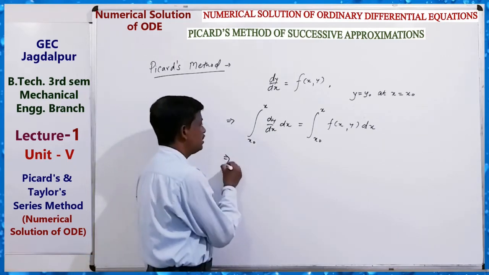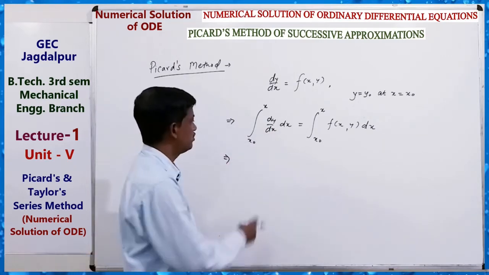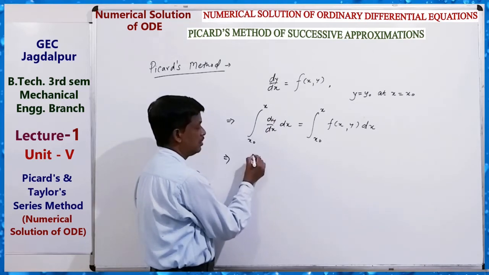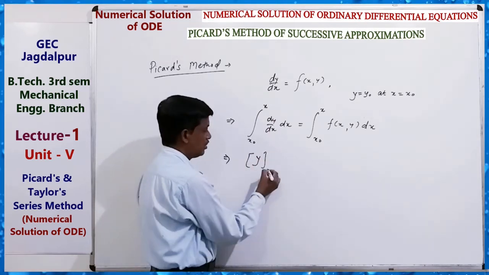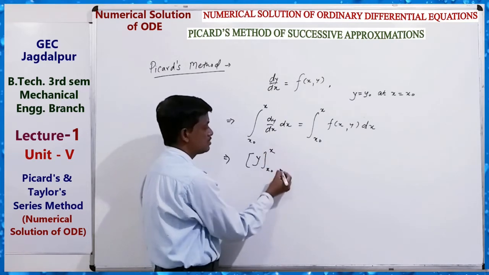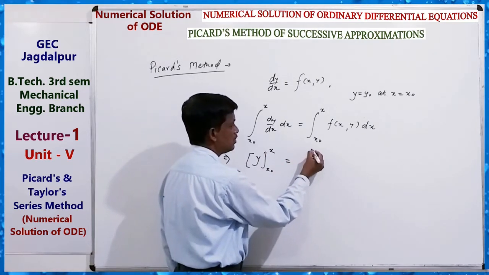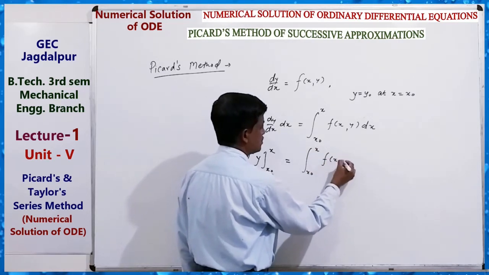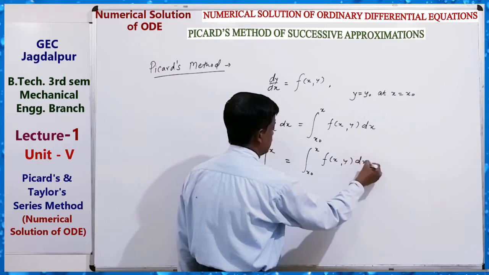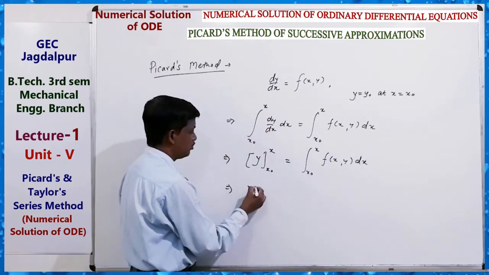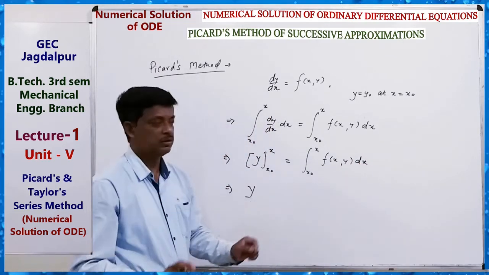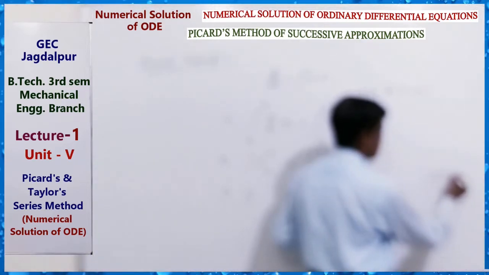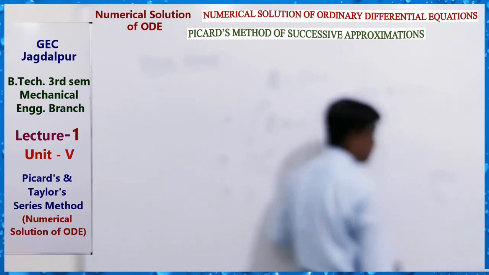Now after integration we get y at x0 to x equals the integral from x0 to x of f(x, y) dx. Here y at x means y. For writing, y means this is a function of x.